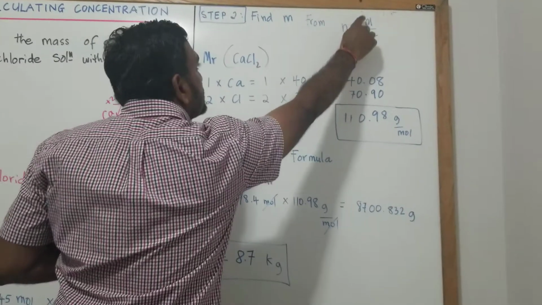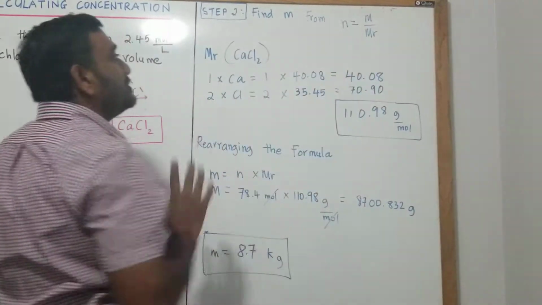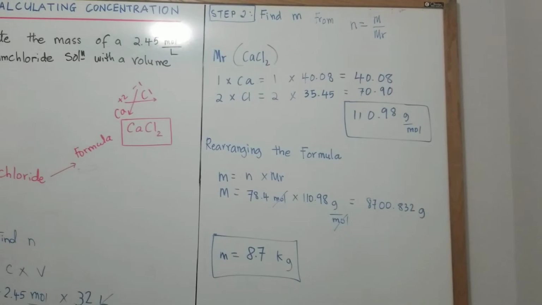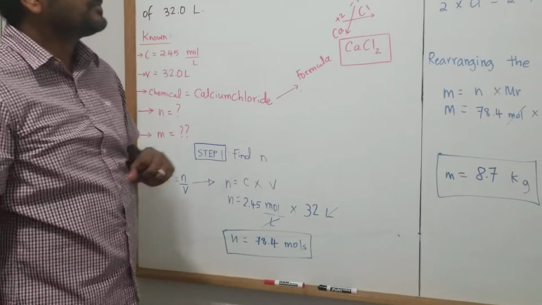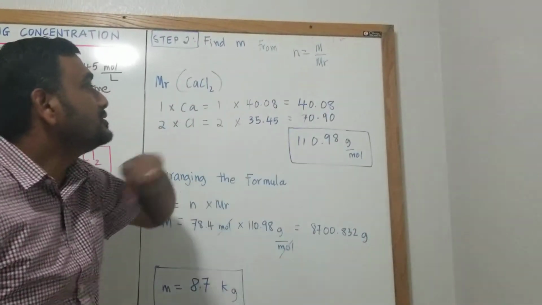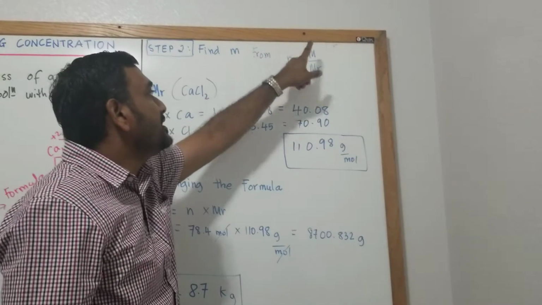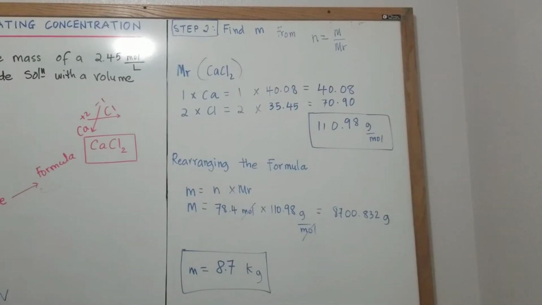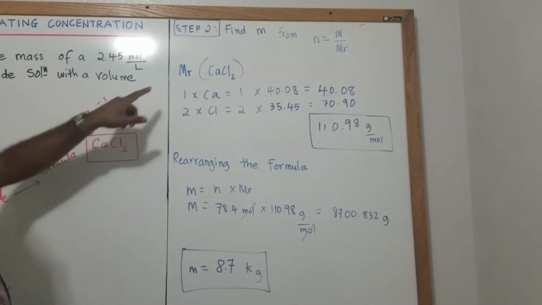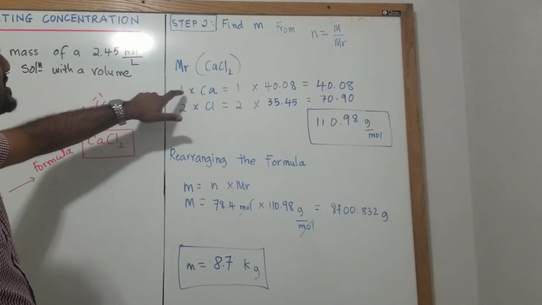Number of moles is equal to mass of the compound divided by its molar mass. So the number of moles we will use from the earlier step 1. We will replace it with the number of moles. Mass is what we are trying to find out, and molar mass we can actually find out since we know the formula for calcium chloride. So the molar mass for calcium chloride is calculated as such.